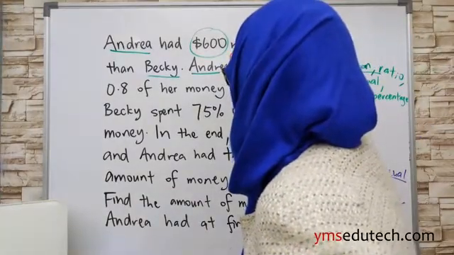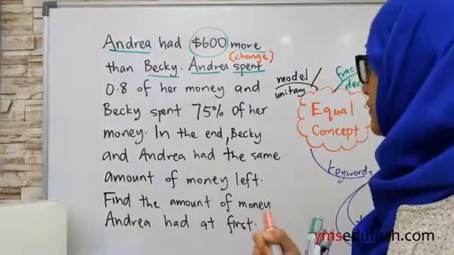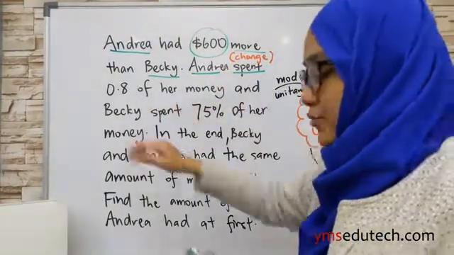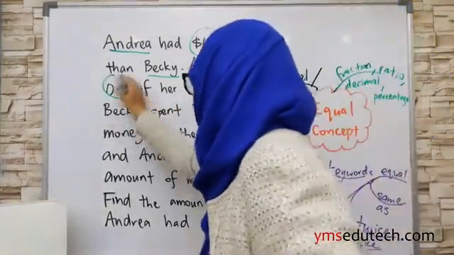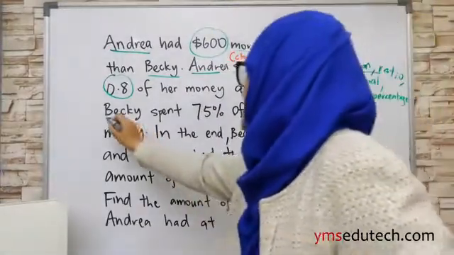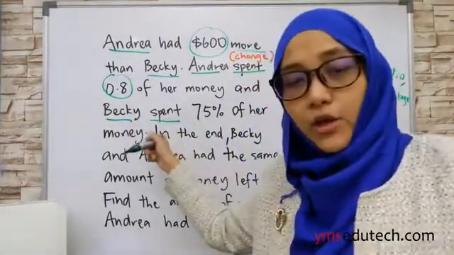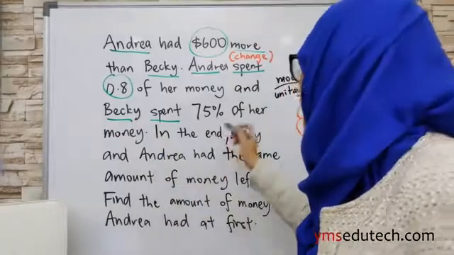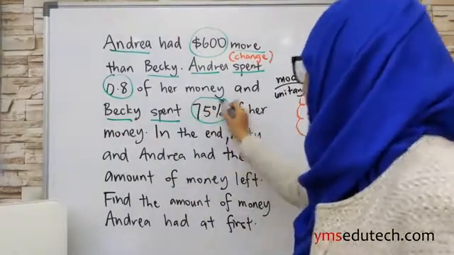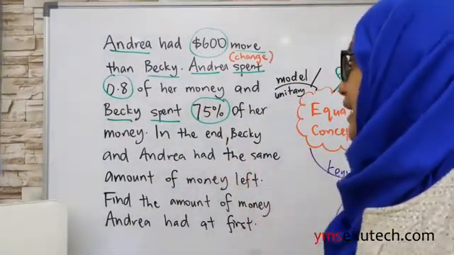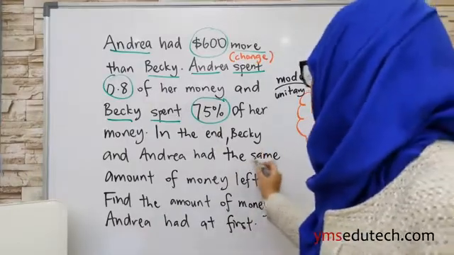A change has taken place. Andrea spent 0.8 of her money and Becky spent, another keyword that talks about a change, spent 75% of her money.